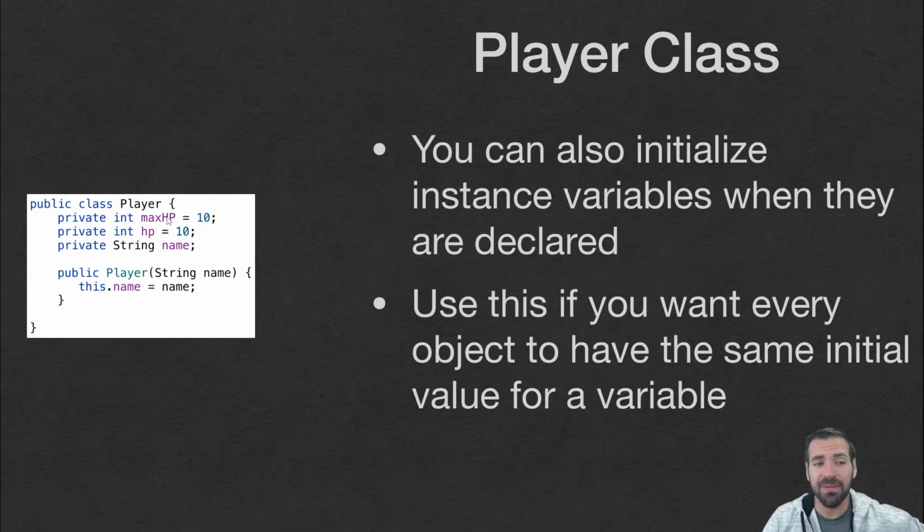So with this modified example, what I'm saying is every player in my game is going to have a max HP of 10. They're all going to start at full health, so there's no reason to put that as a constructor parameter because all my players are going to have 10 max HP, but they're going to have different names. Potentially all the way to the end user can specify the name of each player, or the programmers, maybe you have a hard-coded roster of characters that the human player can use.